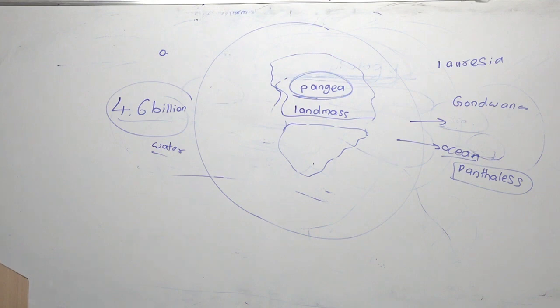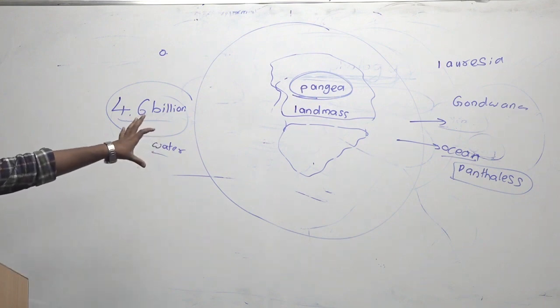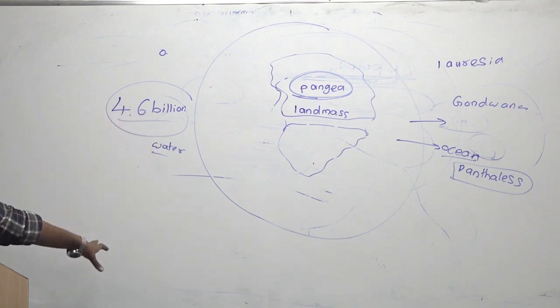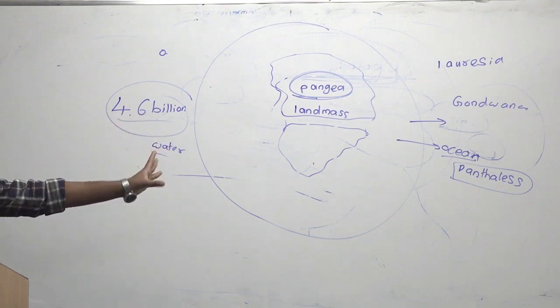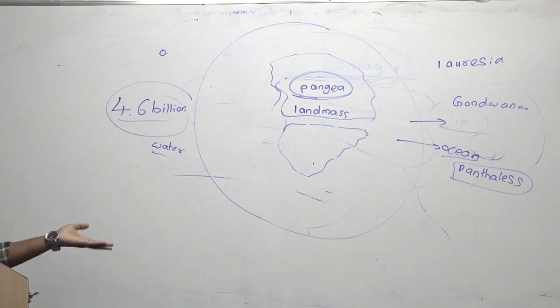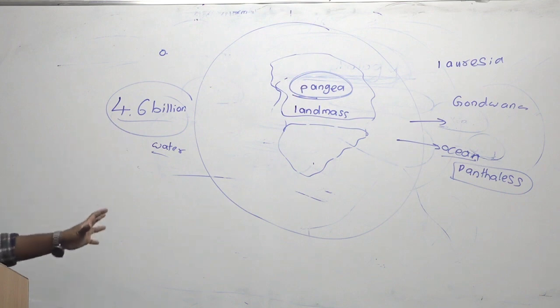Laurasia is the northern one, Gondwana is the southern one. The entire landmass is called a supercontinent, and the entire ocean is called a mega ocean. Today there are many oceans and continents, but at that time there was only one landmass, the supercontinent, and only one ocean, the mega ocean.